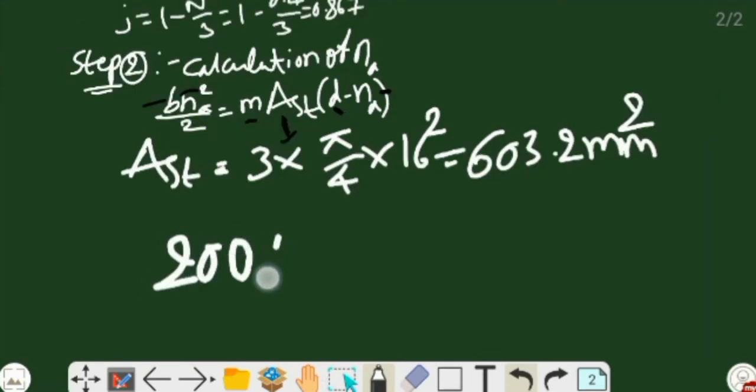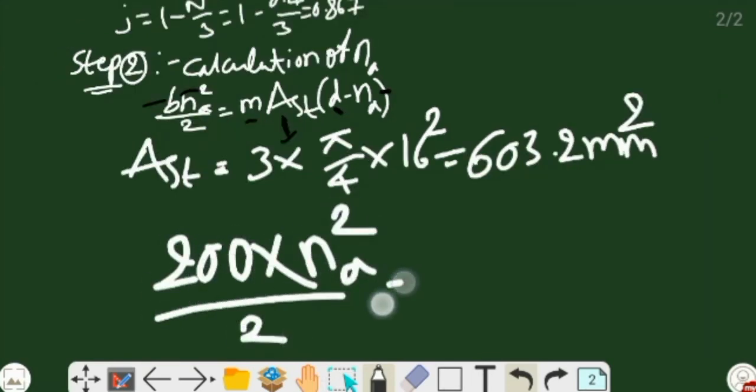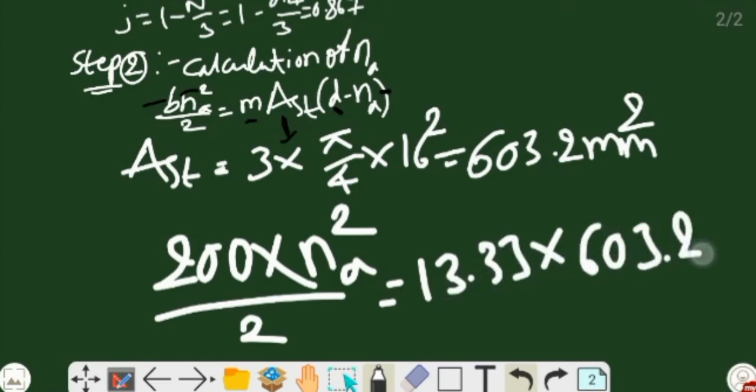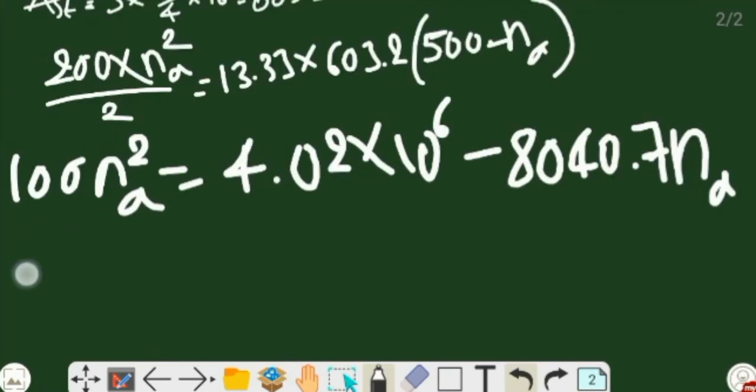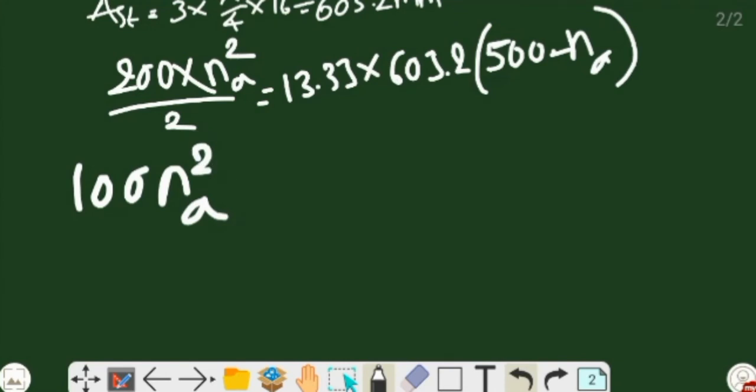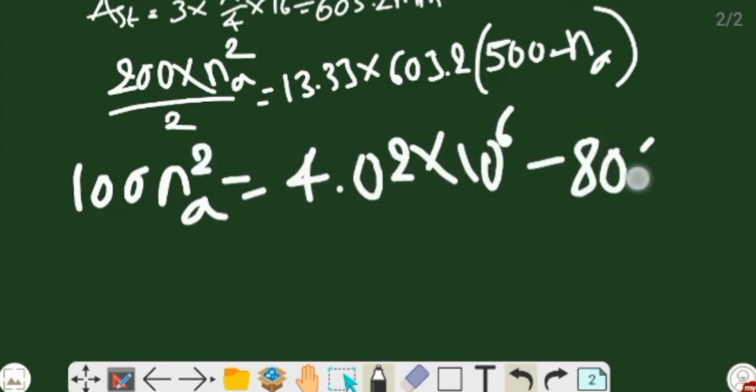Then 200 into na square by 2 equal to 13.33 into 603.2 into 500 minus na. Solving this, 100 na square equal to 4.02 into 10 to the power of 6 minus 8040.7 na.